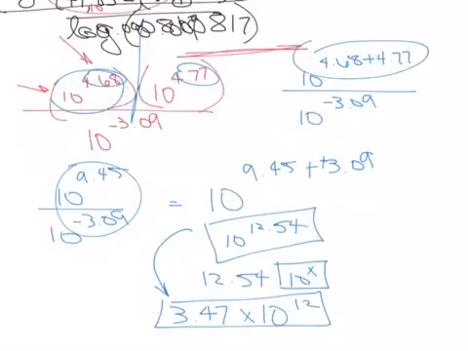So we started with just regular numbers, 47,832 times 59,000, etc. We took the logarithm of each one, and we were able to simplify, and then we took the anti-logarithm of that answer to get us back to the original form that we were in. So that's a good thing to remember there.